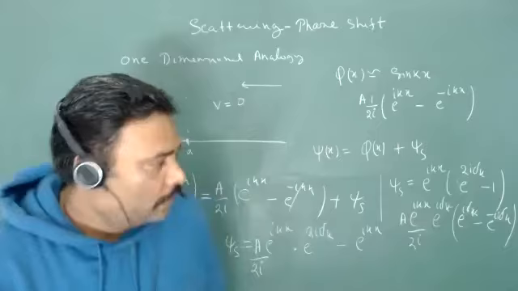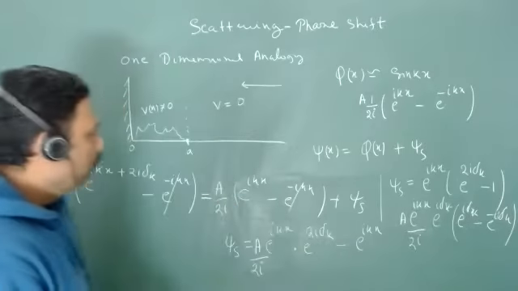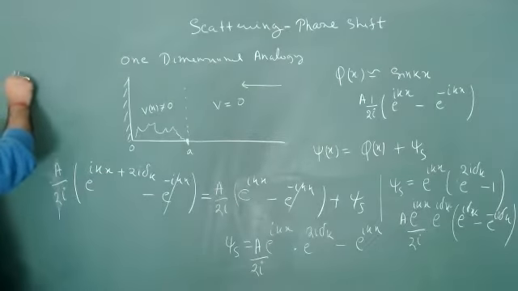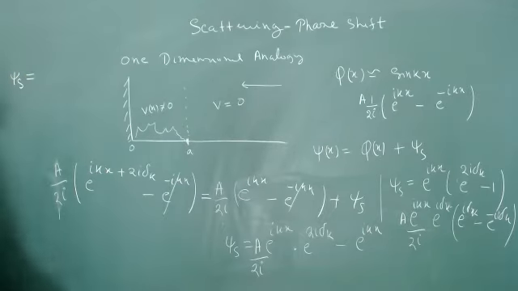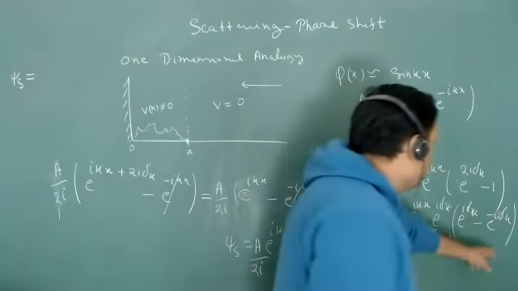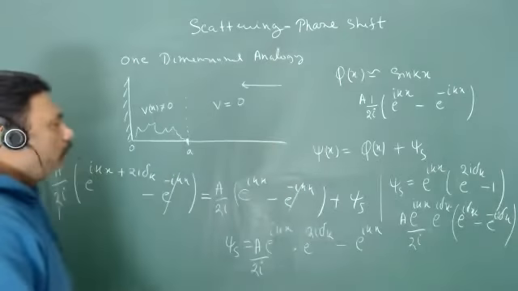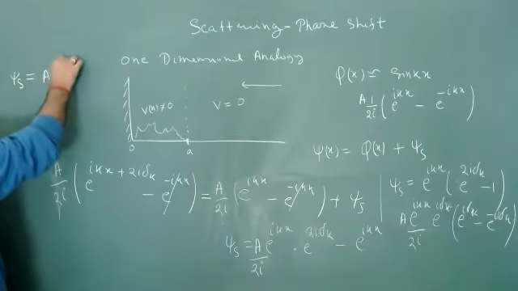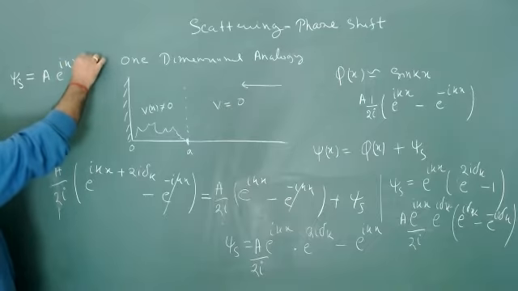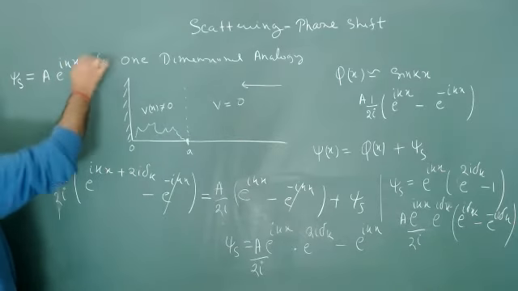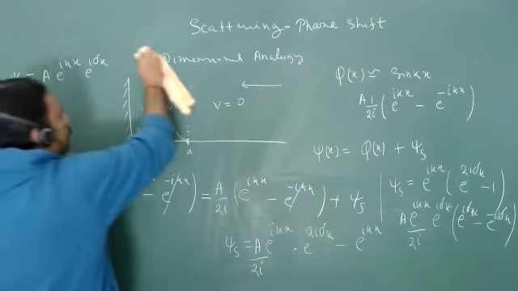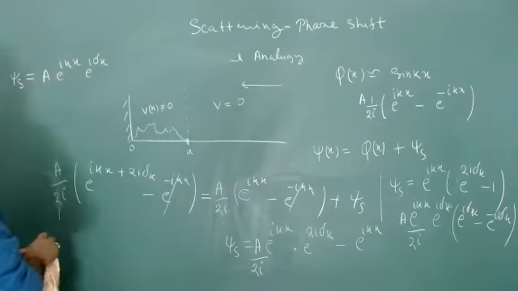So what can I write for this particular thing? I can write psi s is equal to, this 2i will go there, and then we have A e to the power ikx e to the power i delta k, and that value is what? Sine delta k.